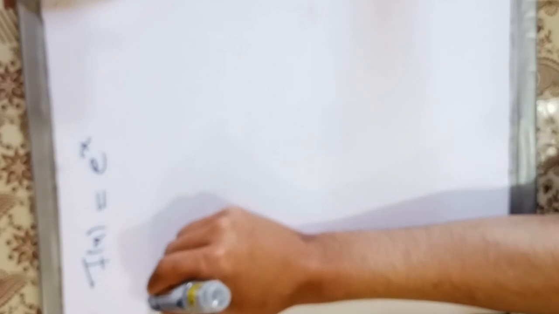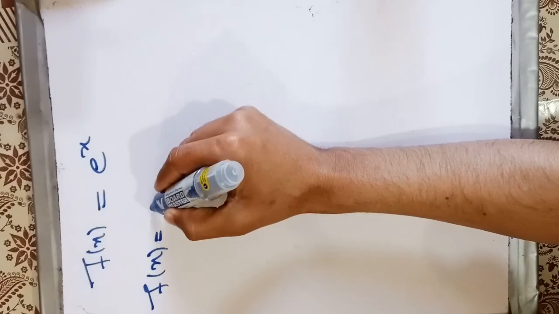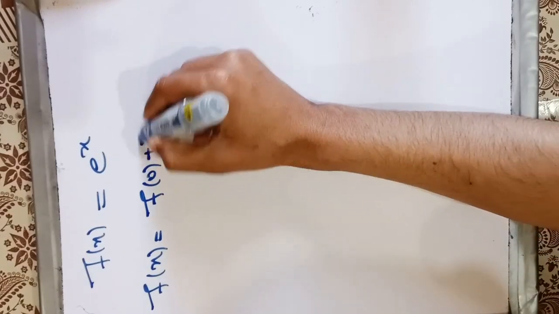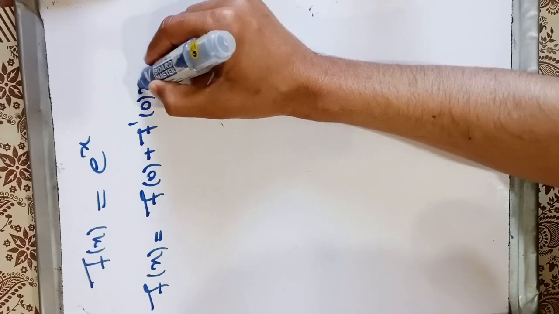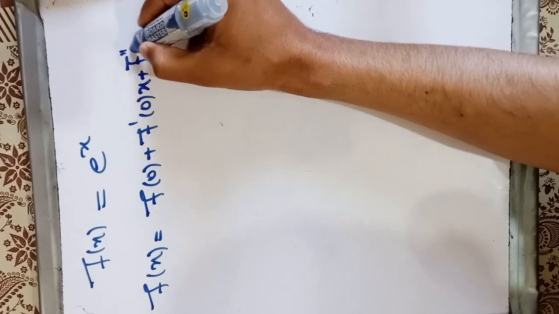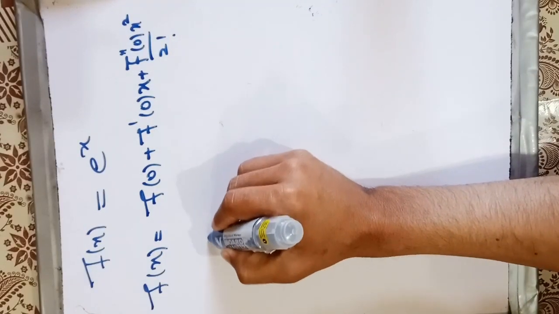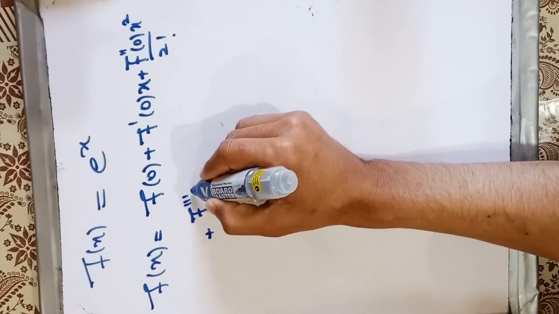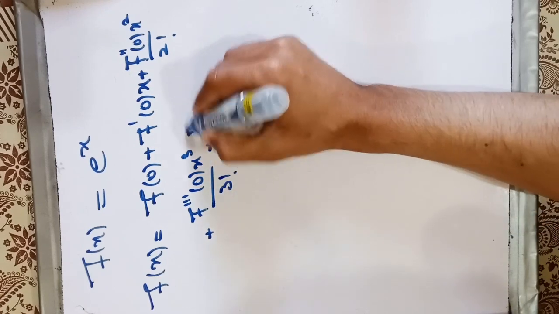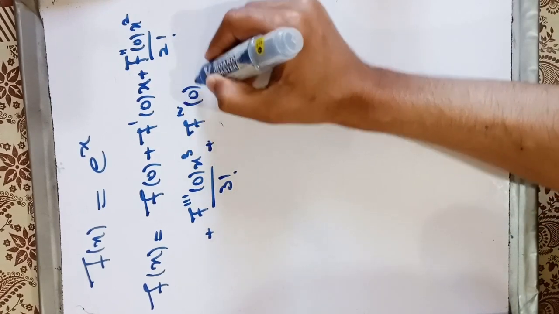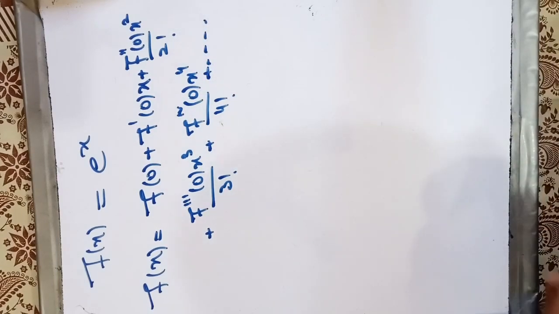requirement for the Maclaurin series. We know that f at x is equal to f at 0 plus f prime at 0 times x plus f double prime at 0 with x square over 2 factorial plus, and so on, f triple prime at 0 x cube over 3 factorial plus f4 at 0 x power 4 over 4 factorial plus, and so on, infinite.